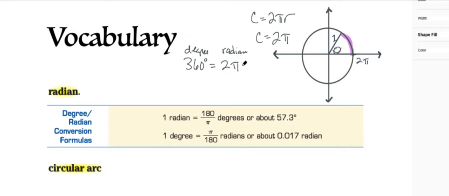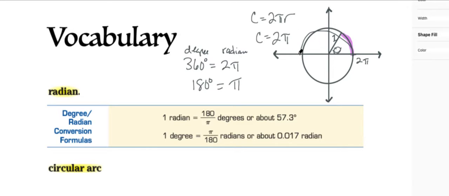Oftentimes you'll see radians that are not in pi form. 2 pi would be 6.28 radians, but that's the entire circle. If I wanted to ratchet it down a little bit, I could divide both sides by 2, and you could see that 180 degrees is equal to 1 pi radian. If I went from here to here, that's only 1 pi.